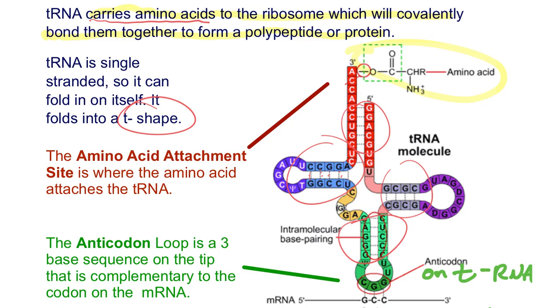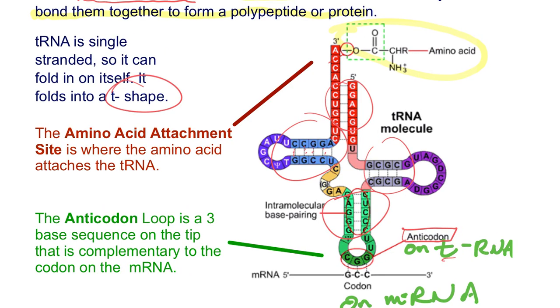Now, there's two really important parts to this. There's the anti-codon. Anti, not codon. So think of the T as the T in tRNA. So anti-codon is complementary. It base pairs with the codon on the messenger RNA. So anti-codon's on the tRNA. The codon, of course, is on the mRNA.